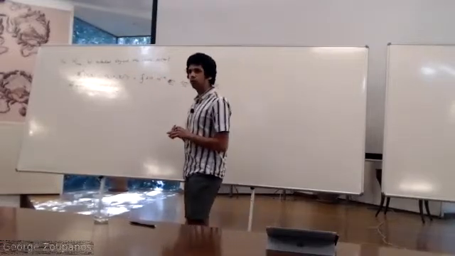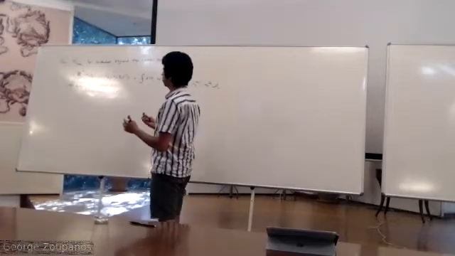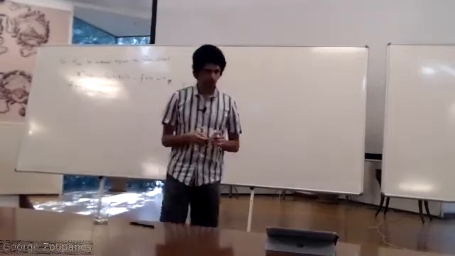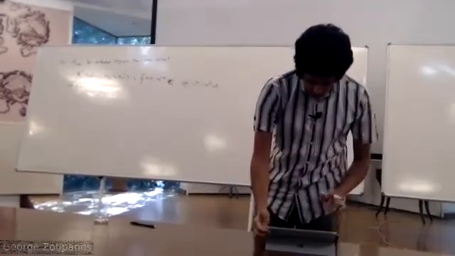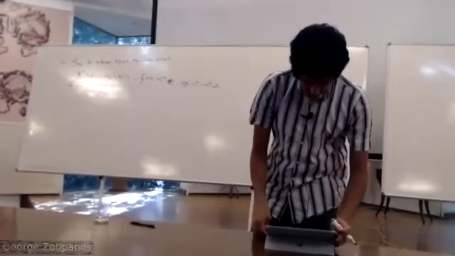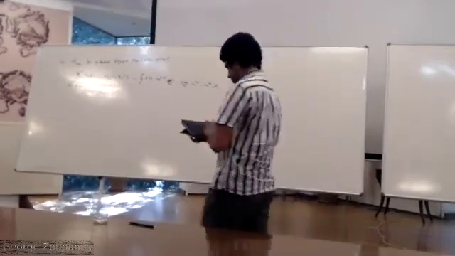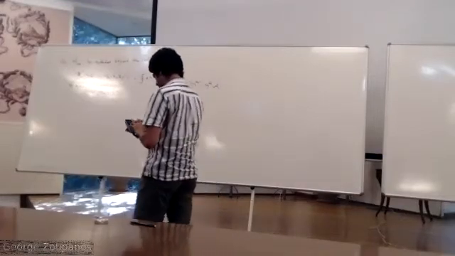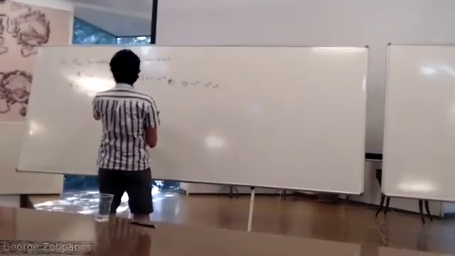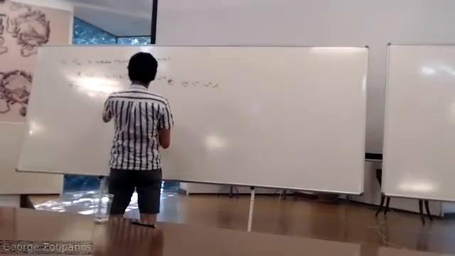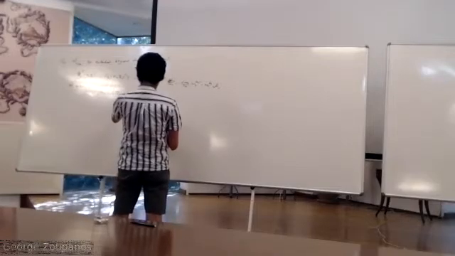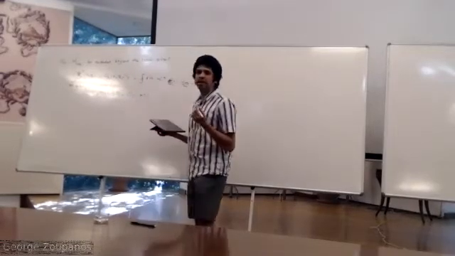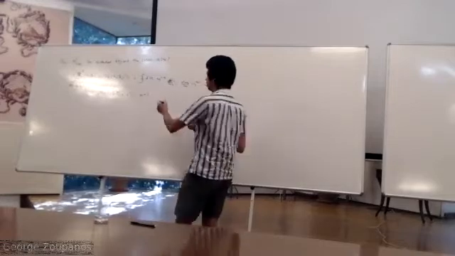Now let's see how this works for MHV amplitudes. If I want to compute an MHV amplitude, let's say 1 plus, 2 plus, 3 minus, 4 minus, and n plus, this is typically done using BCFW recursion.